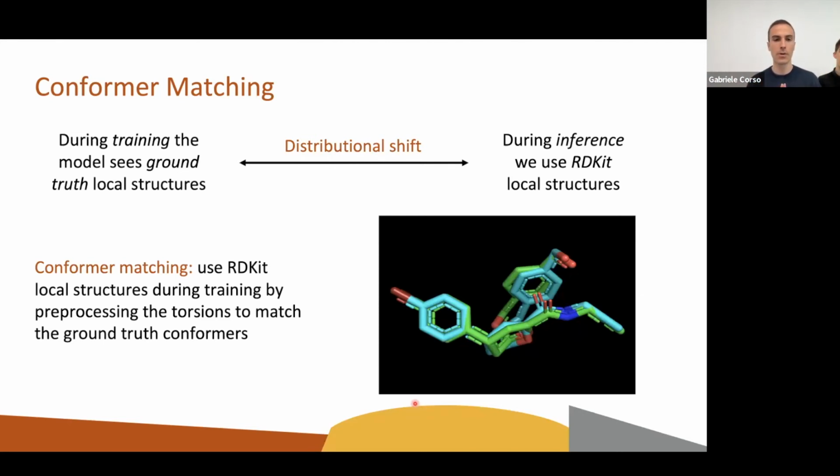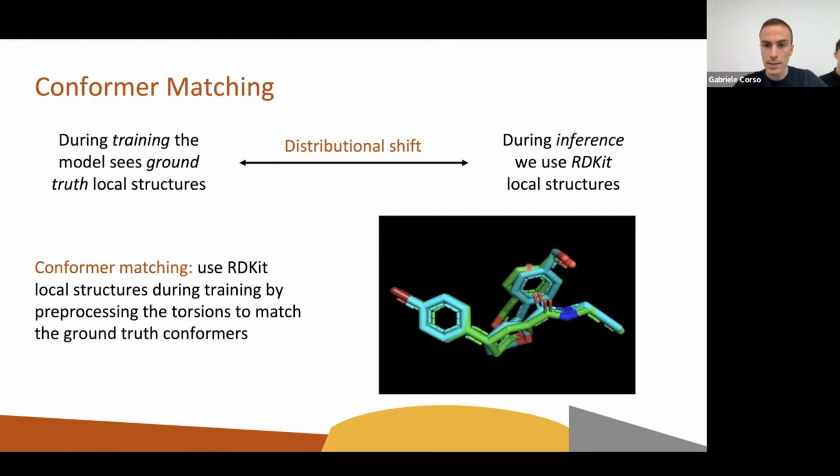I'm going to refer you to the paper for this. But once we do the matching, we are left with a ground truth conformer and an RDKit conformer. Basically, what we do is use differential evolution to change the torsion angles of the RDKit conformer to match as closely as possible in 3D the ground truth conformer.